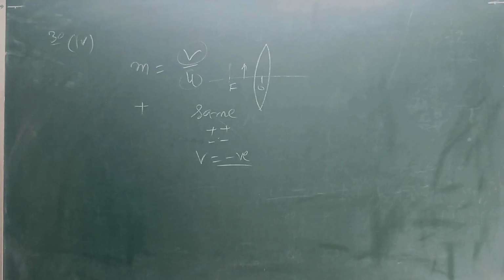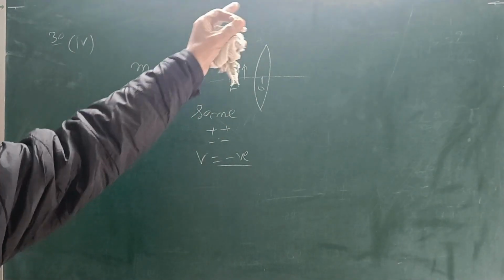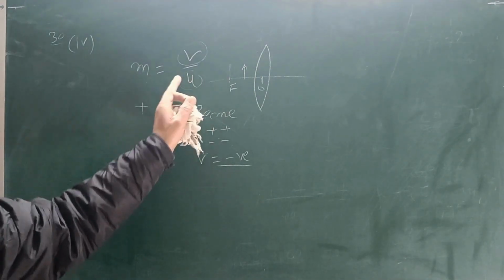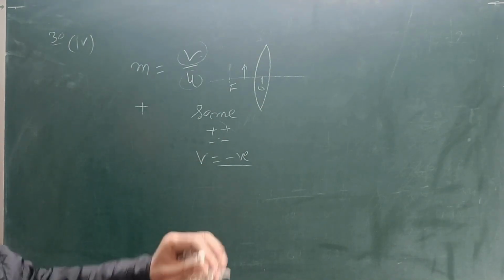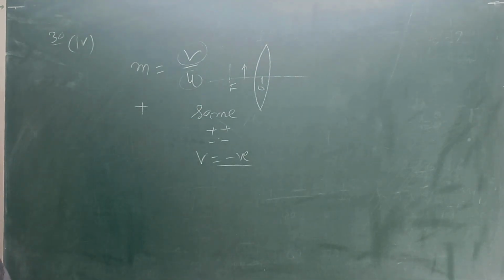If it is placed at focus, it is not correct. The image is at infinity on the other side. If it is between F and 2F, again the image will be beyond 2F on the other side, that is positive. And if it is at 2F, then the image is formed again at 2F, so again it is positive. And D is between F and optical center.